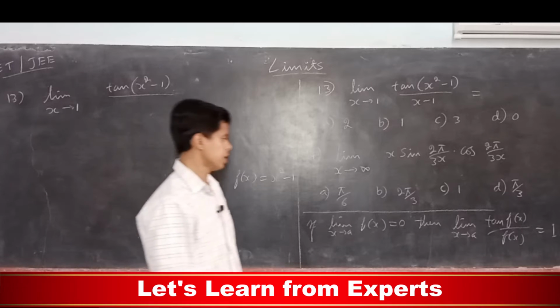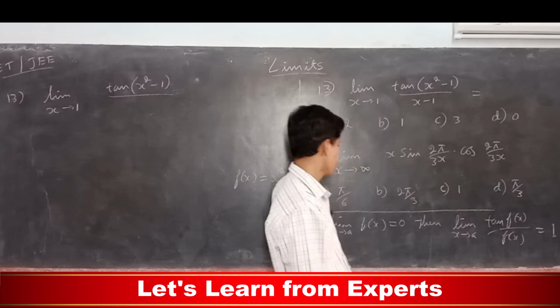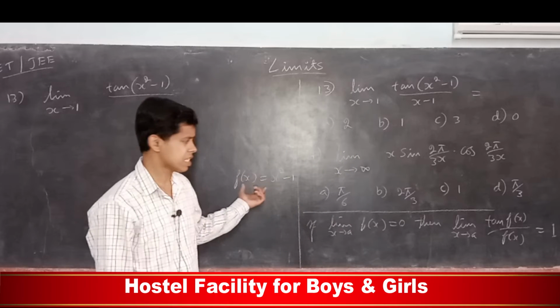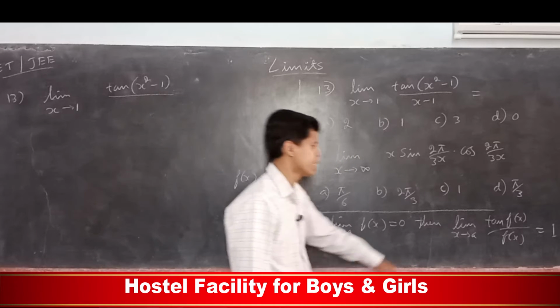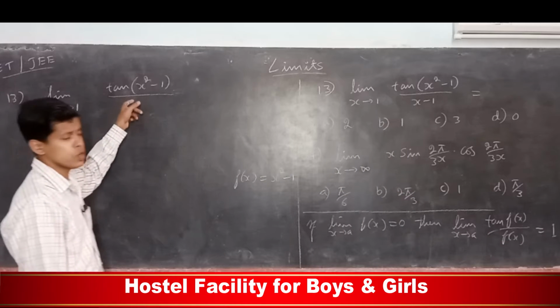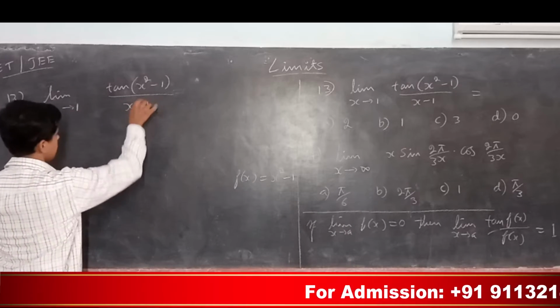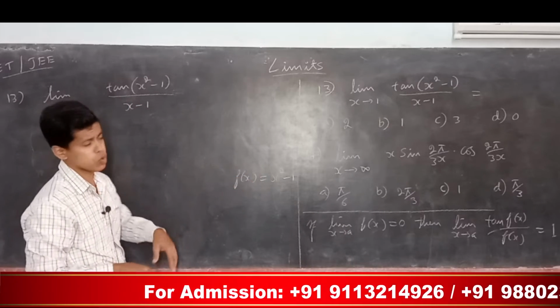Well, if x square minus 1 is f of x, we must have that in the denominator as well, correct? But what do you have in the denominator? x minus 1. So, that must become x square minus 1.